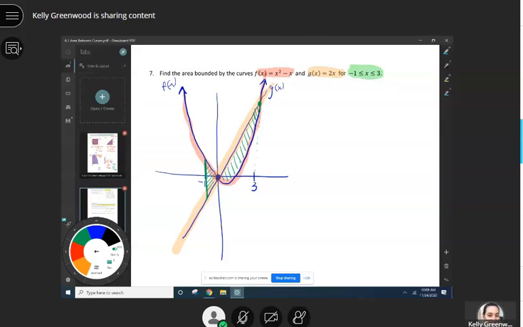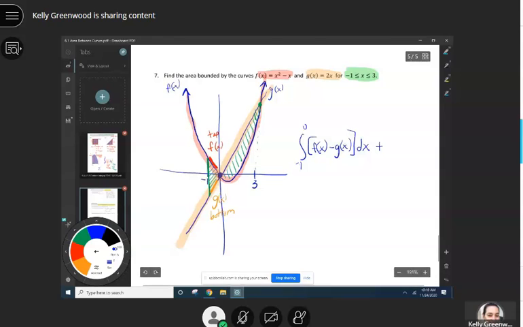And then I'm going to have to write two different integrals. So for my first integral from -1 to 0, the f function is on top and the g function is on bottom. So I'm going to do f minus g. Plus, I need to flip-flop that.